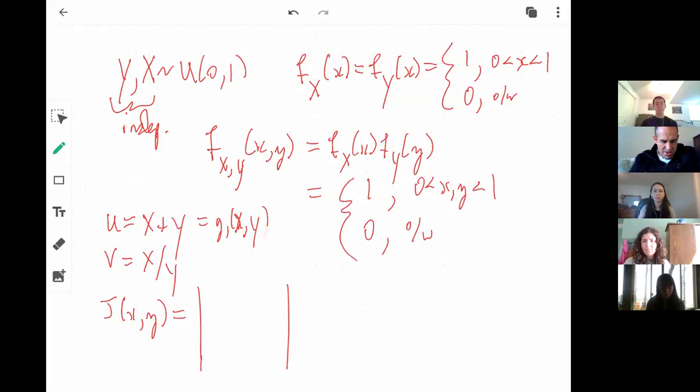So you're going to take the derivative of this with respect to x. One way you can write that is u sub x, and then u sub y. And then for the next one, it's going to be v sub x and v sub y.